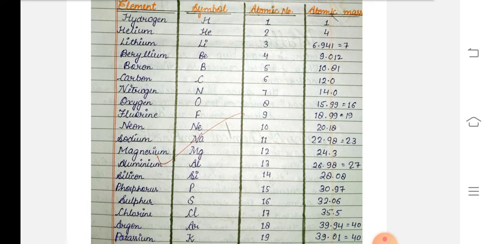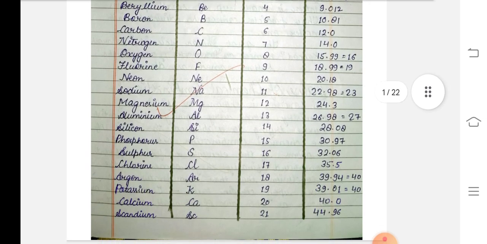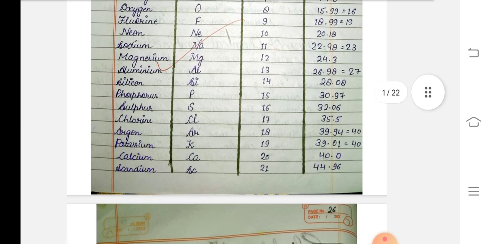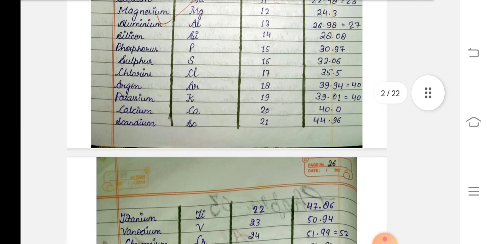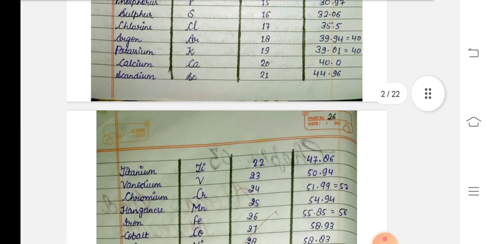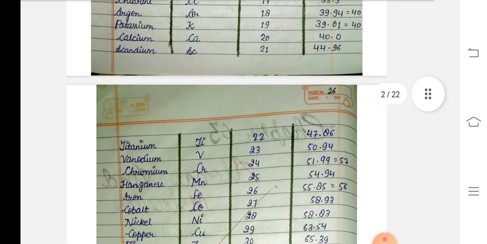Hydrogen, helium, lithium, beryllium, boron, carbon, nitrogen, oxygen, fluorine, neon, sodium, magnesium, aluminium, silicon, phosphorus, sulfur, chlorine, argon, potassium, and calcium. You only have to learn till calcium, right?